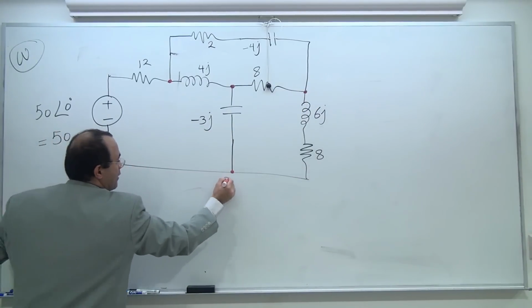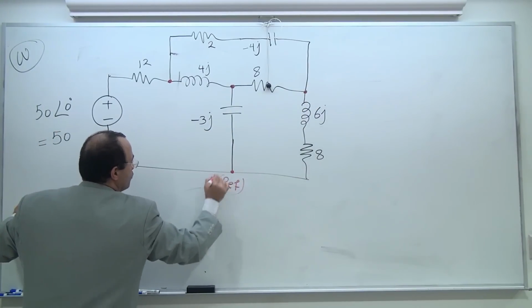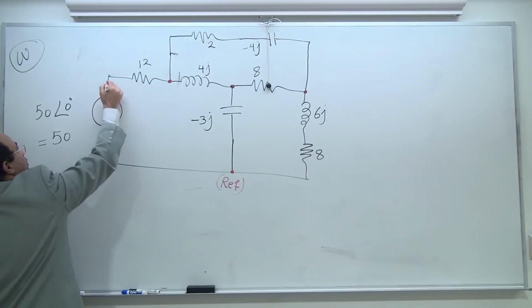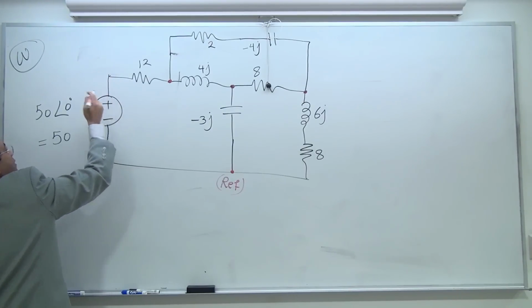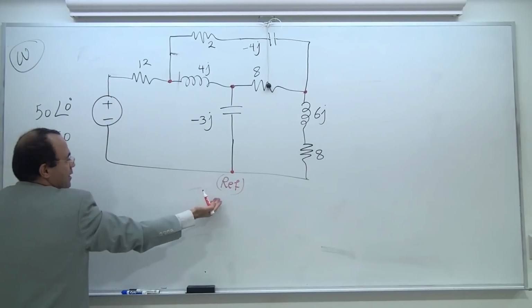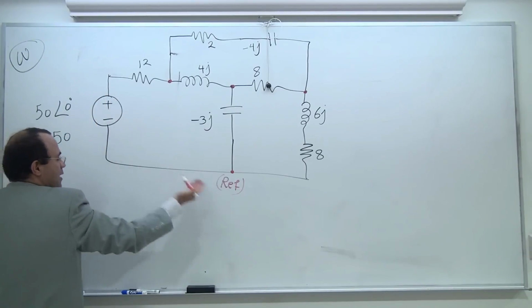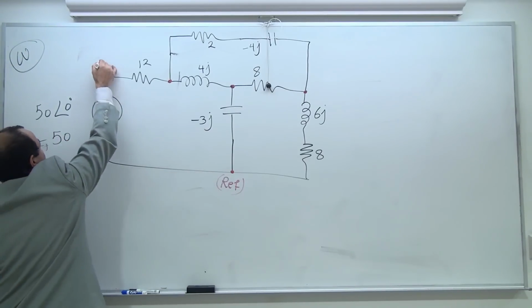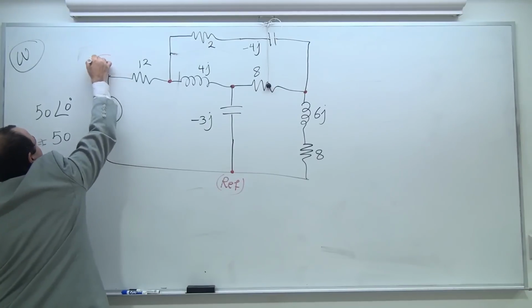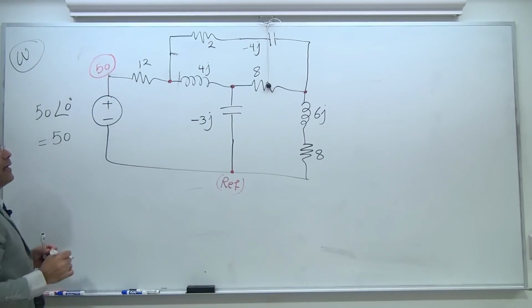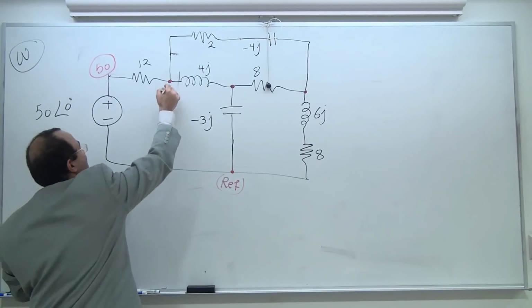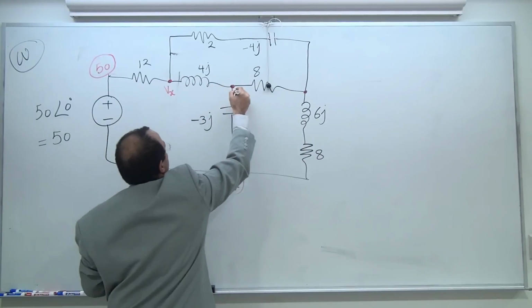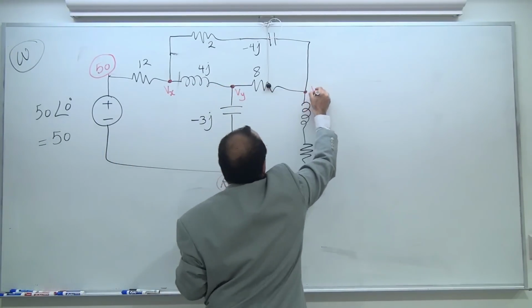If this is my reference node or ground node, obviously I have a voltage source, and the voltage here is going to be plus minus. You remember those? The minus sign is 0, the plus sign is going to be 50 angle 0. That's in frequency domain. Let's call this Vx, let's call this Vy, let's call this Vz.